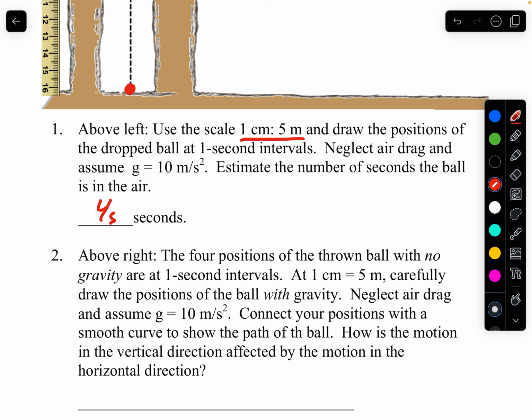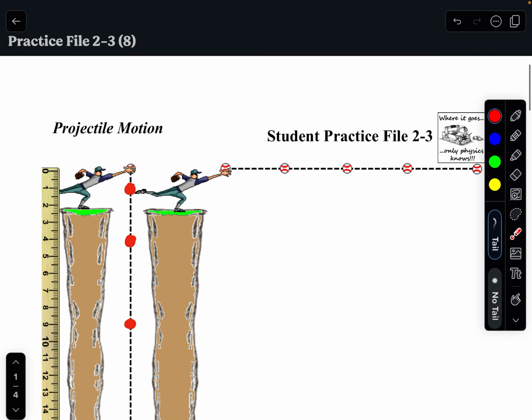So now in the above right, what they want us to do is combine where the ball is vertically with where the ball will be horizontally. So again, what we see here is where the ball is at time 0, 1 second, 2 seconds, 3 seconds, 4 seconds. What you should notice is that the gaps between each position are equal. Okay, we've seen this before.